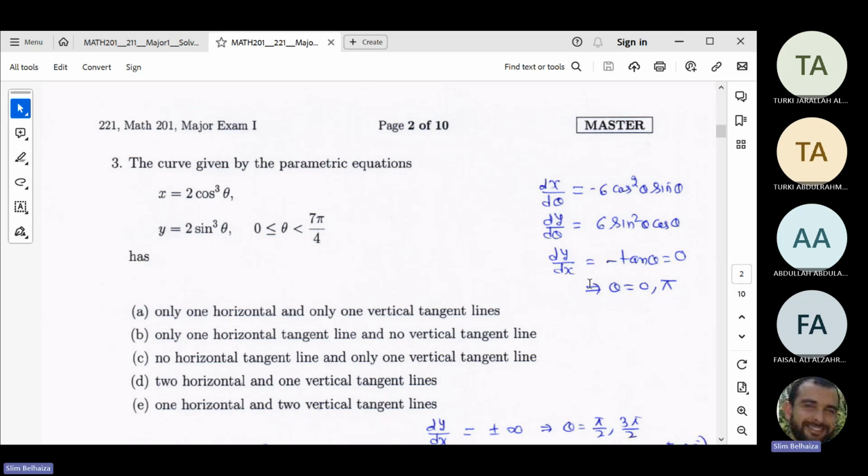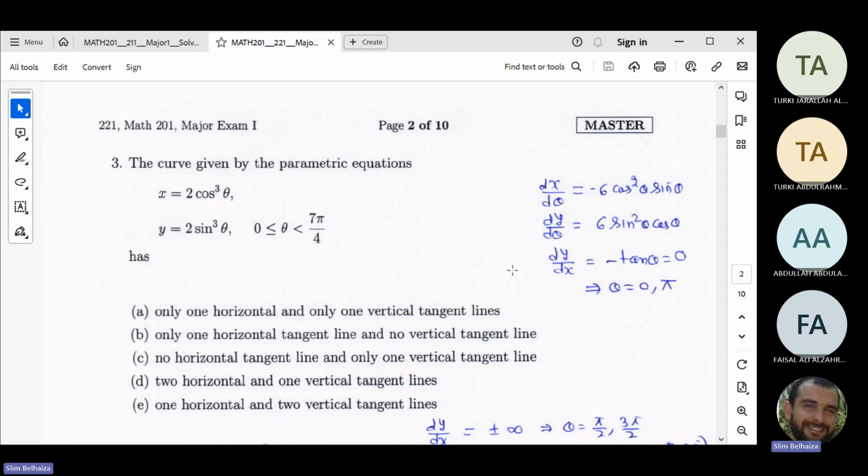Now, when theta equals pi, I'm going to have x equals 2 cosine cubed of pi. Cosine of pi here is minus 1, cubed, so I'm going to have minus 2. And y is 0.